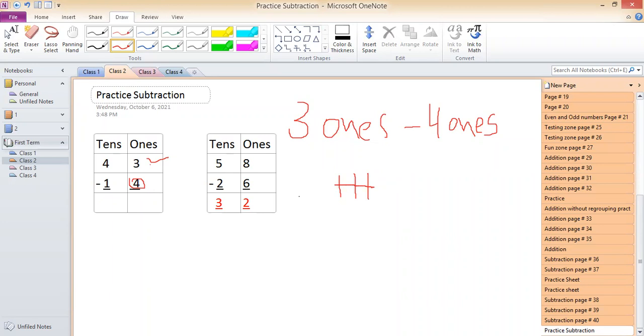How can you give me 4 candies? When you have 3, how can you give me 4? The same here. You cannot subtract 4 from 3 because 3 is smaller. Are you getting my point?